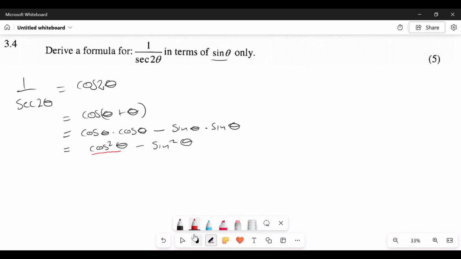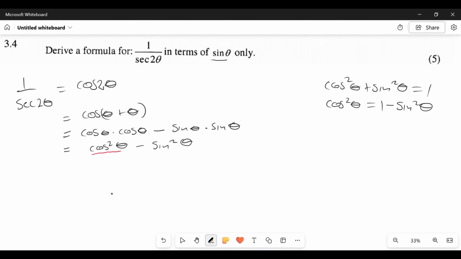We go back to the square identity: cos squared theta plus sine squared theta equals 1. Making cos squared theta the subject, it's 1 minus sine squared theta. So wherever there is cos squared theta, we substitute 1 minus sine squared theta.